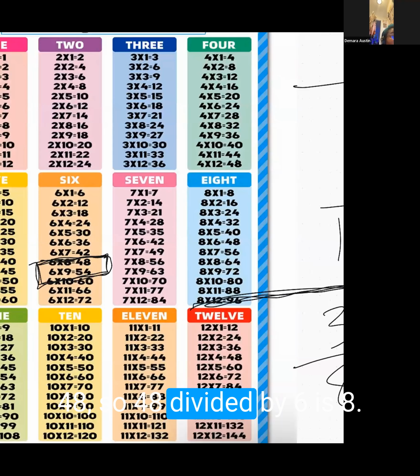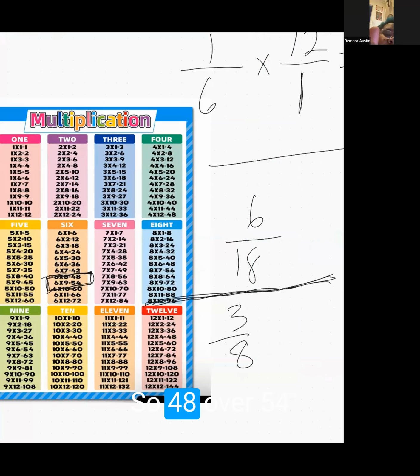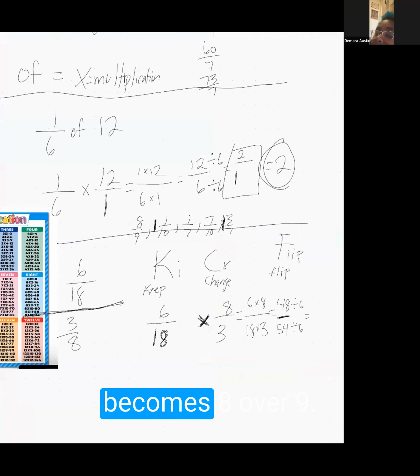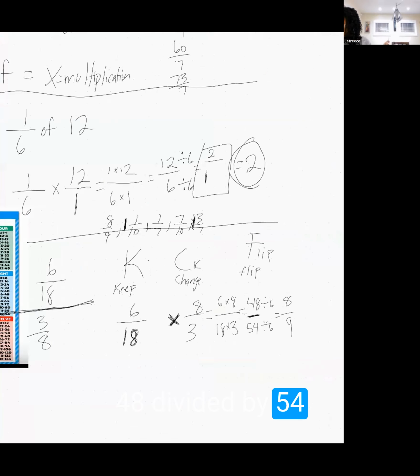So 48 divided by 6 is 8. 6 times 9 is 54. So 54 divided by 6 is 9. So 48 over 54 becomes 8 over 9.